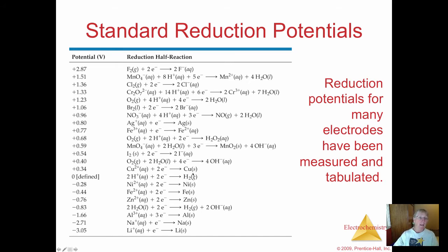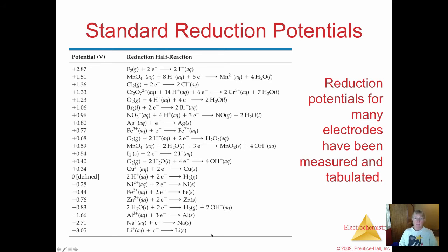So the more positive that your reduction potential gets, the more likely you are to be undergoing a reduction reaction. And the more negative that it gets, the more likely you would be undergoing an oxidation. So you go, Misto, so how come if lithium likes being oxidized, why are we showing it as a reduction potential?